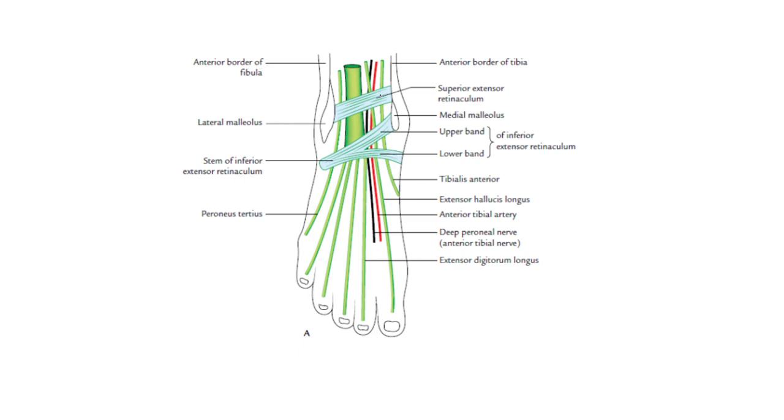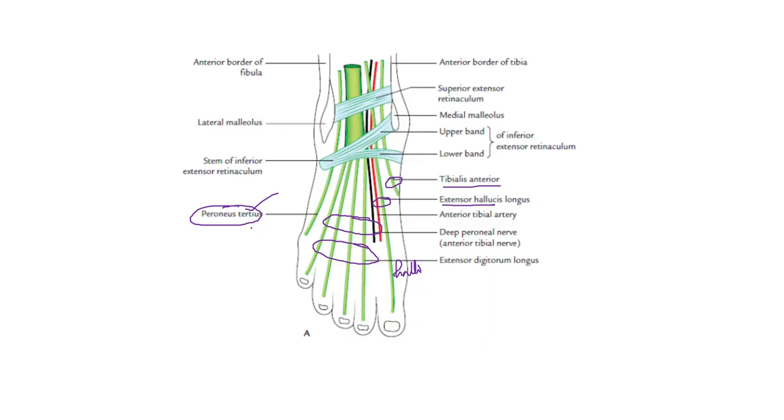The muscles of the anterior compartment are tibialis anterior, extensor hallucis longus for the hallux, extensor digitorum longus for the four toes, and peroneus tertius.